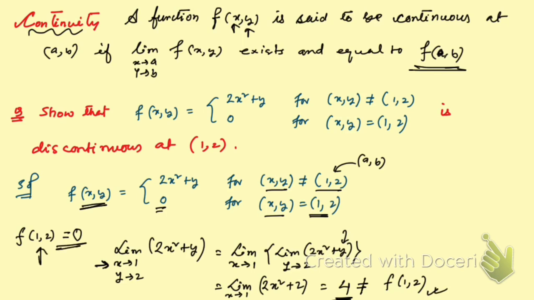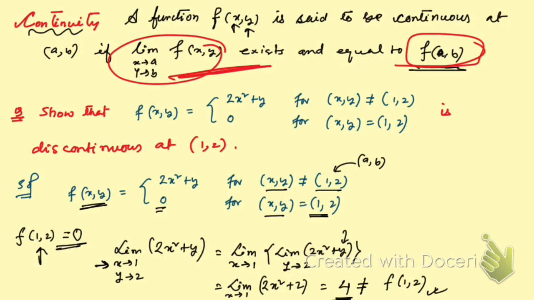According to the definition, this limit must exist and be equal to the value of f of (x, y) at x equal to a and y equal to b. Here a and b are nothing but 1 and 2.